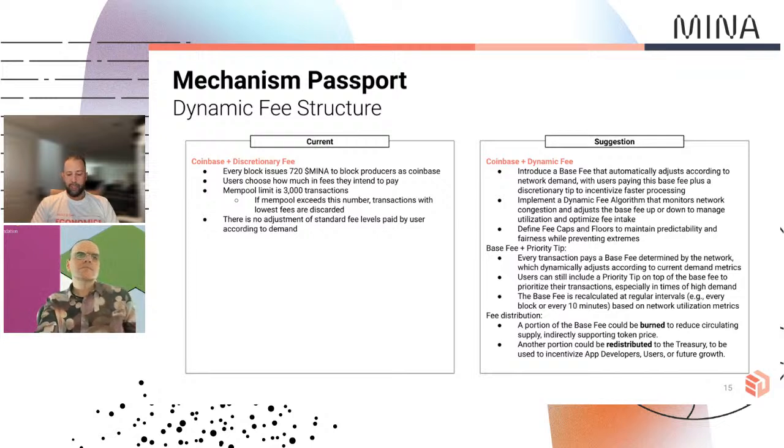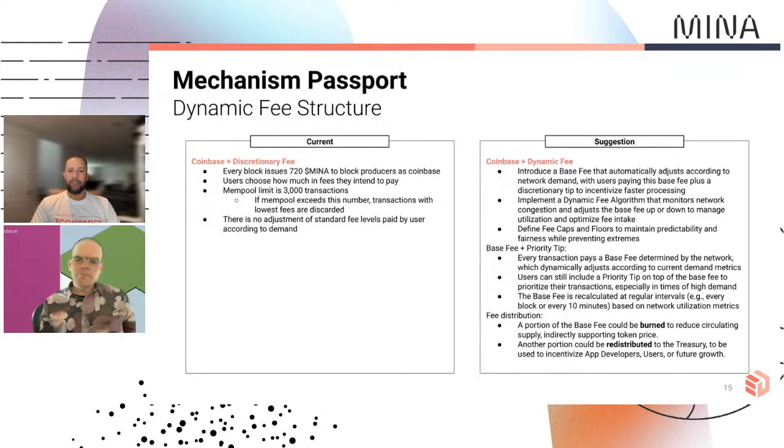The concept is already used by other protocols, and the idea here is to have a dynamic fee that adjusts to the protocol congestion. So if the protocol has a lot of transactions, then we can have the dynamic fee go higher. And if the protocol goes back to healthier KPIs, then we can reduce the dynamic fee.